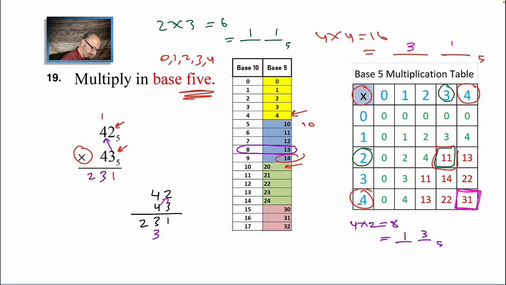We write the 3 and we carry the 1. 4 times 4 is 16, and 16 is 31, which I mentioned earlier, 3 5s and 1 unit. But we need to add the 1 on top. So I'm going to write 32.